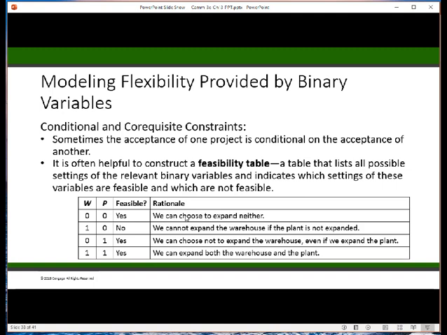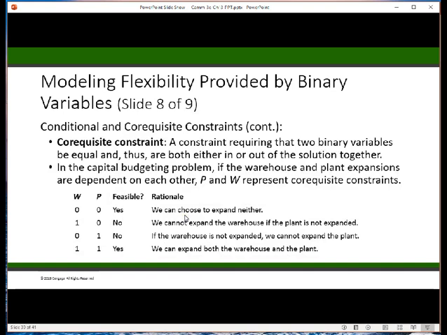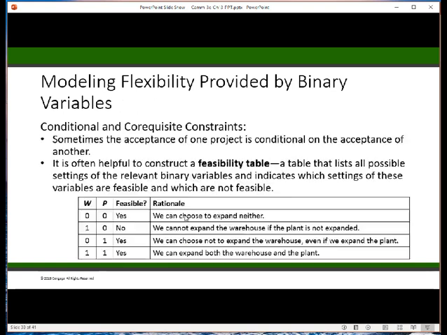But because the warehouse project is conditional on the plant expansion project, if the plant expansion project is 0, which we see in the second row of this table, and we have a 1 for the warehouse, meaning we're going to go ahead with the warehouse expansion, then that is not a feasible solution.